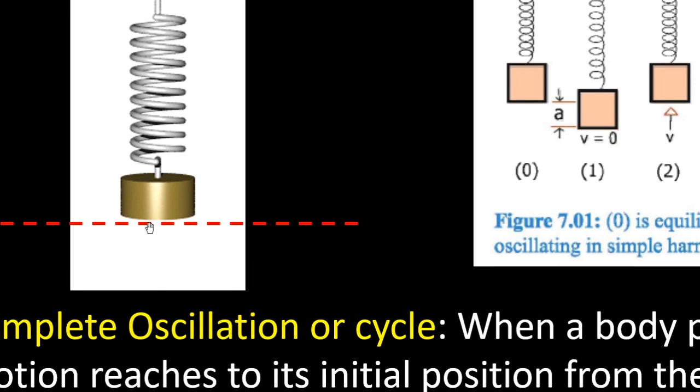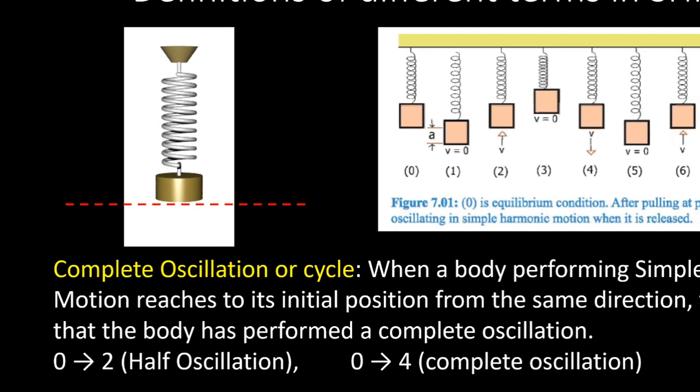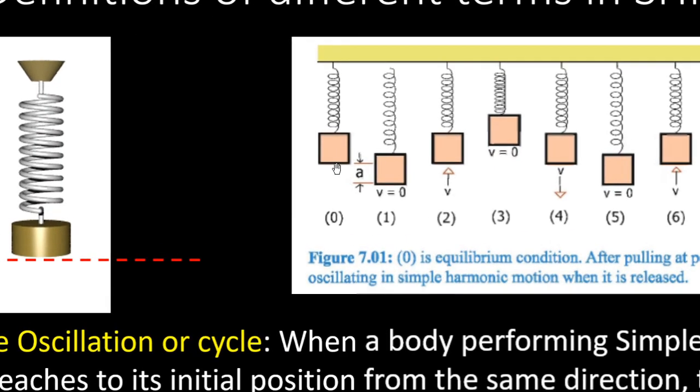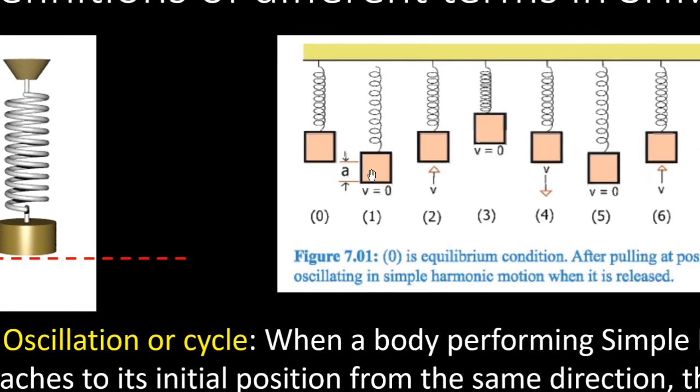So it went downward, then upward, and then again reached the initial position from the same direction. By then we say that it has completed a single complete oscillation. In this figure the cycle starts from 0 and ends at 4. So starting from 0 and ending at 4, there is one complete oscillation. But from 0 to 2, that is called half oscillation.